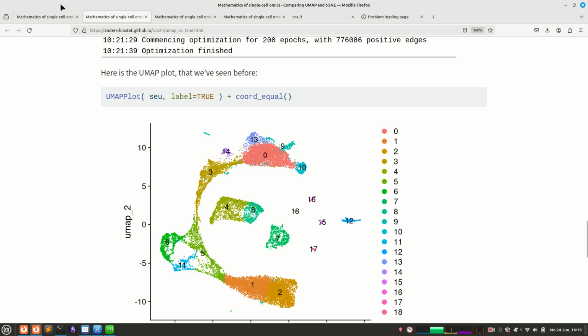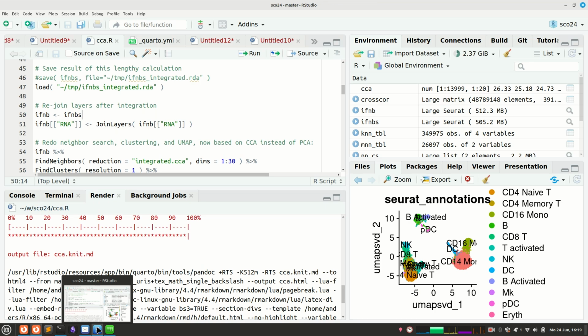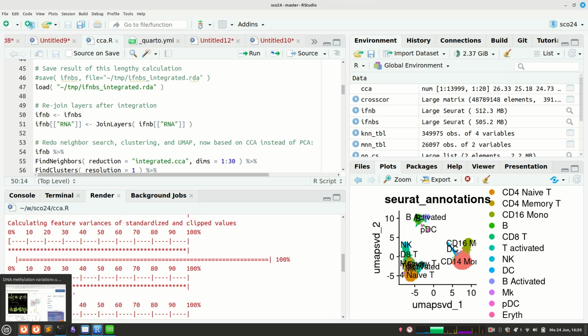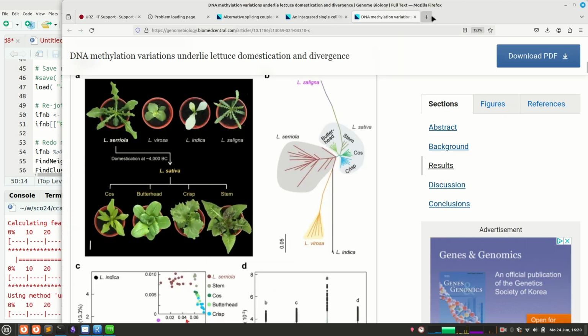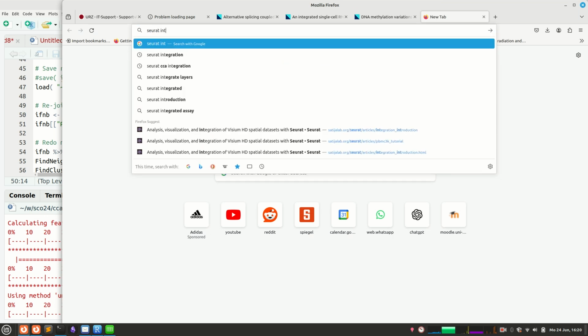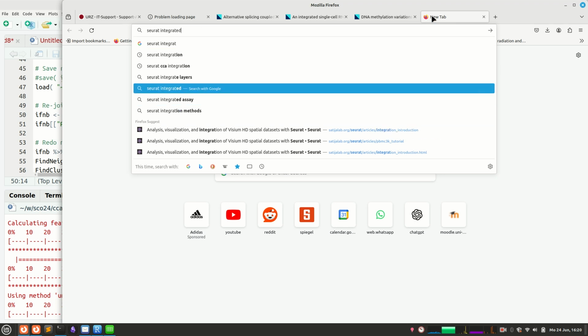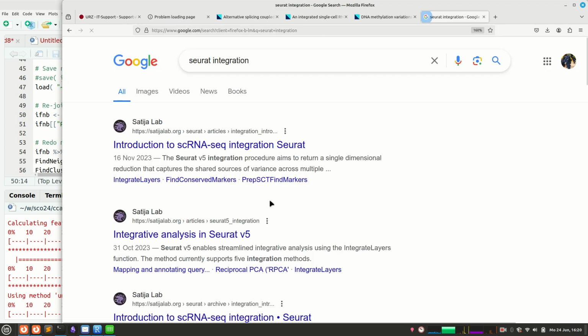In order to have a practical question where we do compare something, I thought I would use this data set.